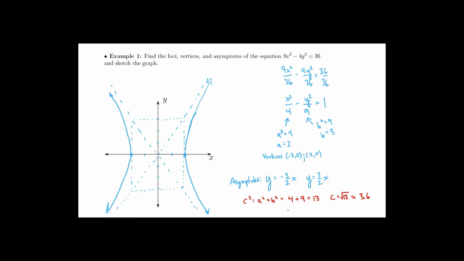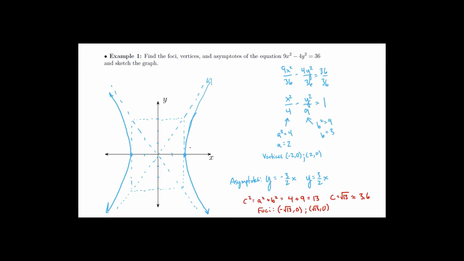So what we know is that the foci have to be on the same axis. They have to be on the transverse axis, right, with the vertices. So that means that we have negative square root of 13, which we know is about negative 3.6, and positive square root of 13, comma 0. Those are our foci.